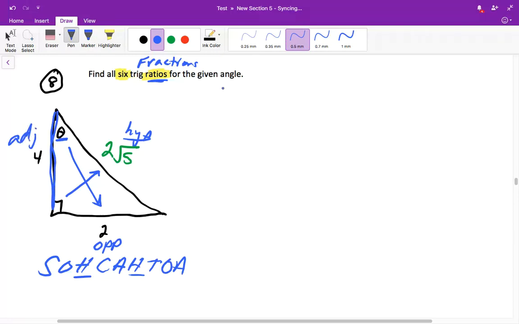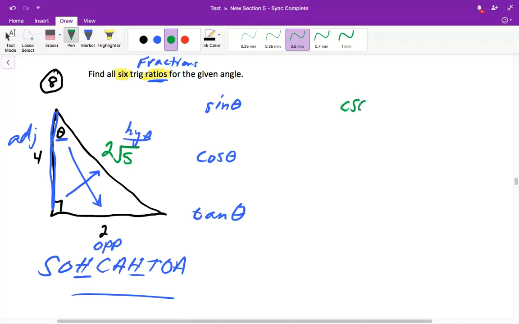So now our 6 trig ratios, our first ones are going to be sine of theta, cosine of theta, and tangent of theta. Those are the ones that we should know with this Sohcahtoa. And then we will have to solve for the reciprocal ratios, which the reciprocal of sine is cosecant of theta. The reciprocal of cosine is secant of theta. And then the reciprocal of tangent is cotangent of theta.